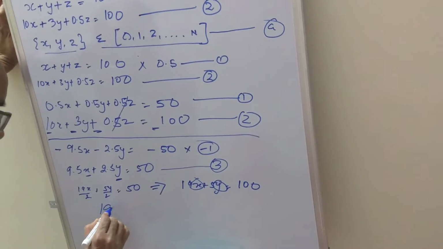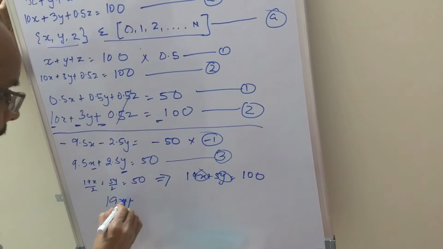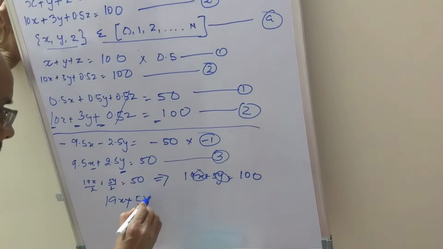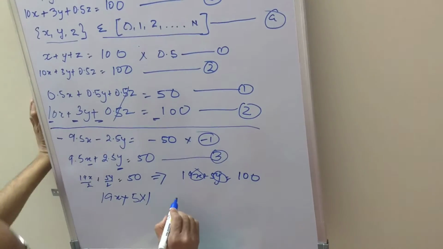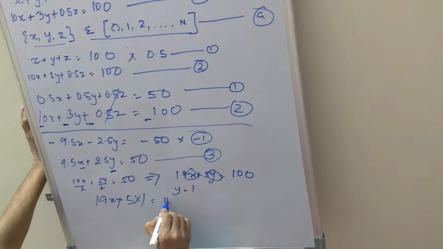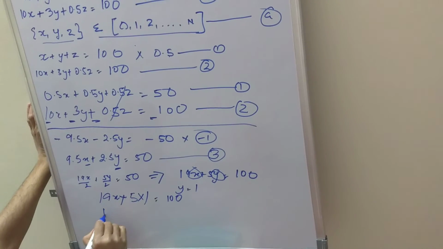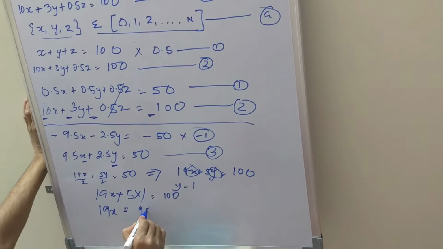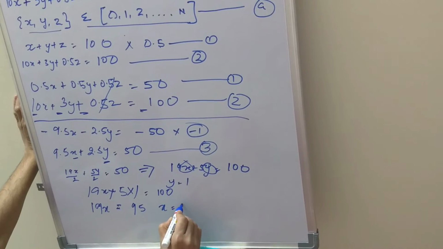So, if we have 19x plus 5y, let's put y is 1. Then it becomes 100, so you get 19x is equal to 95 and x is equal to 5.